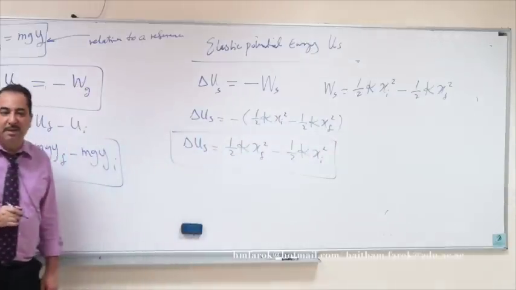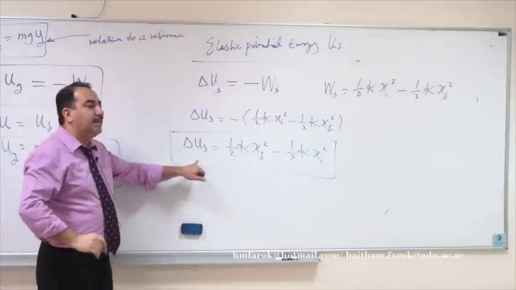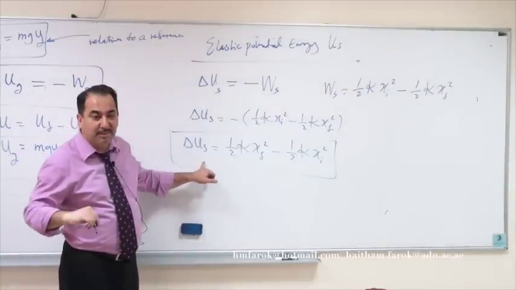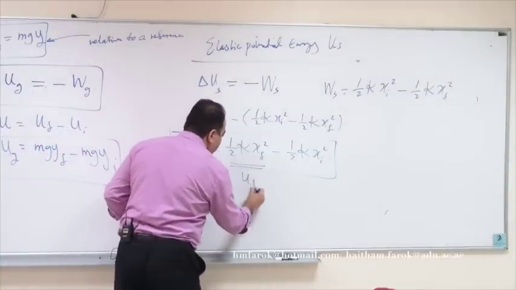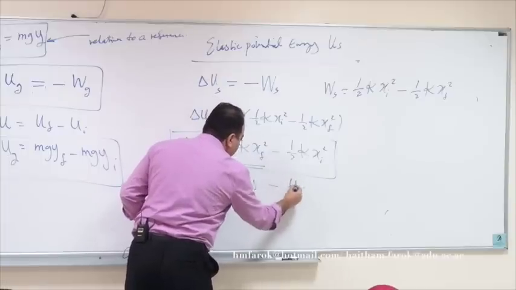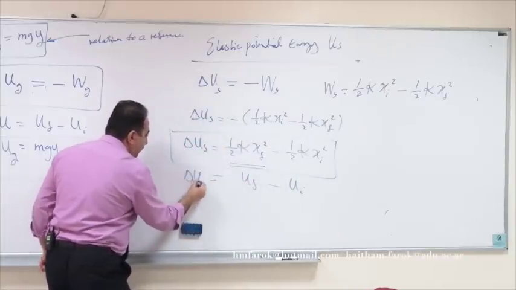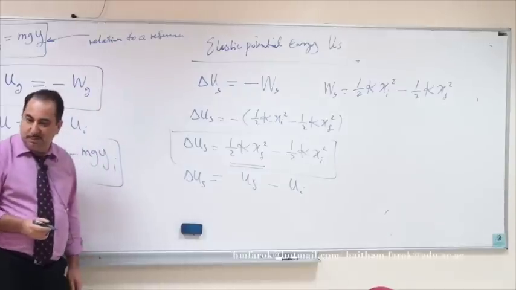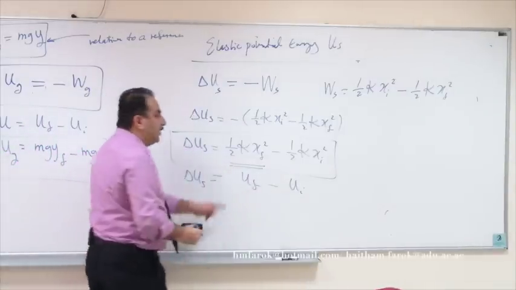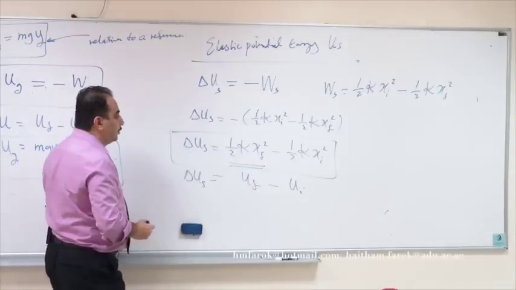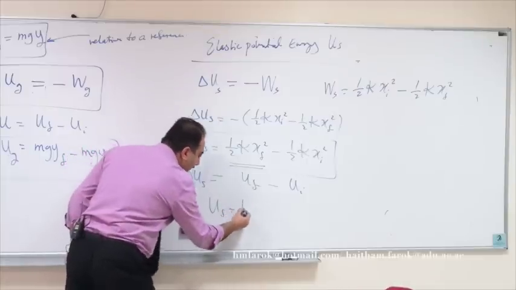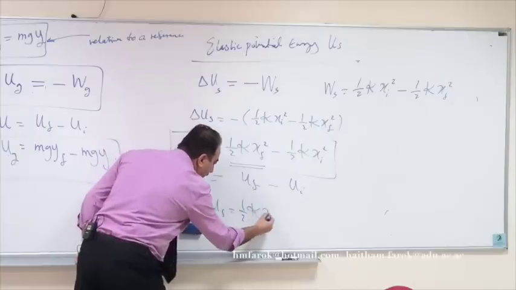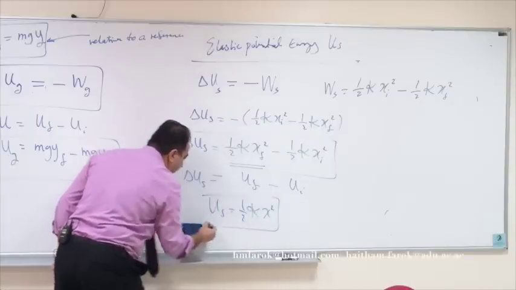Now, what does delta U mean? U final minus U initial. So can't I say this is U final and this is U initial, and this is delta U S? And this will lead me to the conclusion that U for a spring is half kappa x square at the position of the spring.